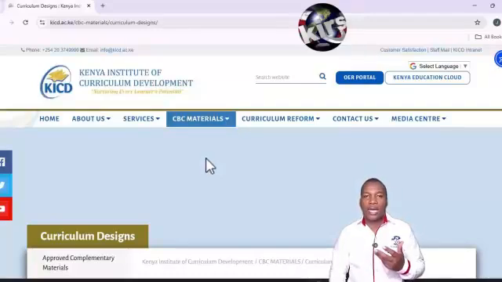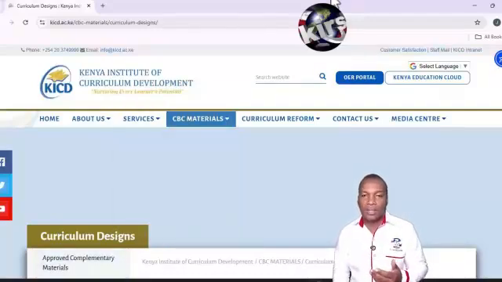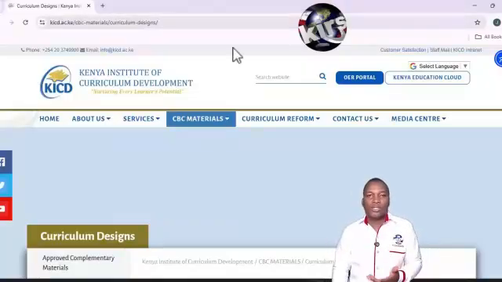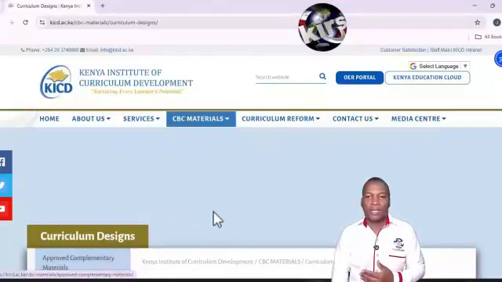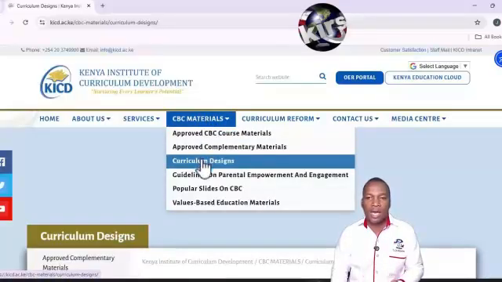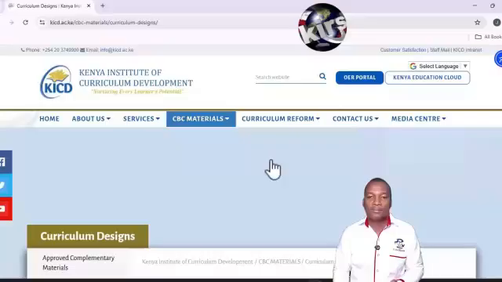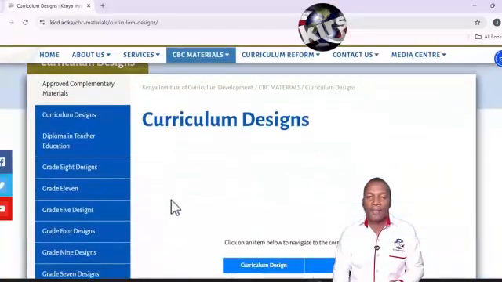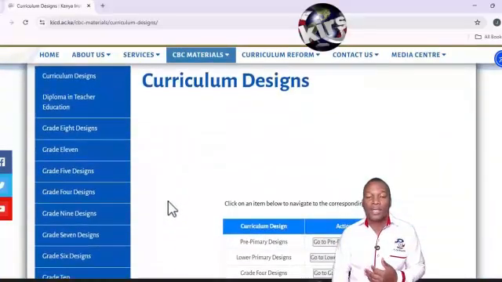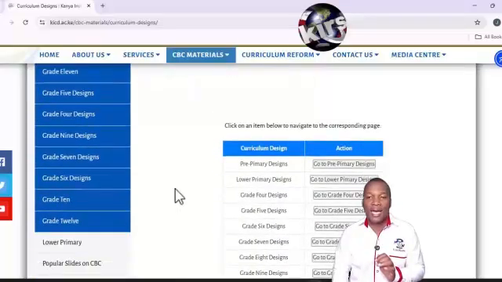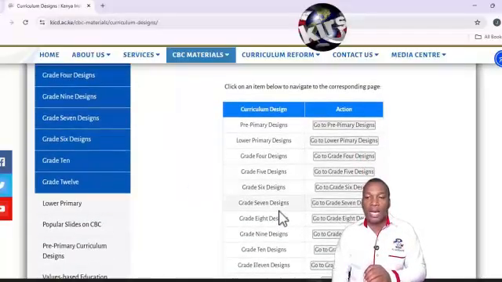Because I promised I will illustrate with mathematics what content is expected, after I've clicked on curriculum design, this dialog box appears, and I check where we have grade 9 designs, because you can see these are designs for all the grades. I check grade 9 design, which is here.